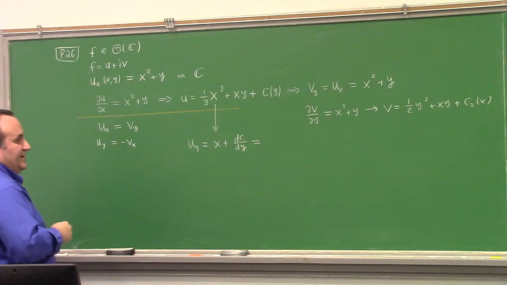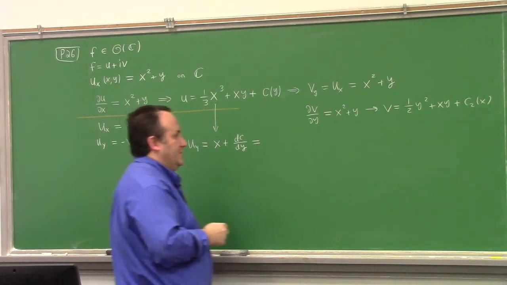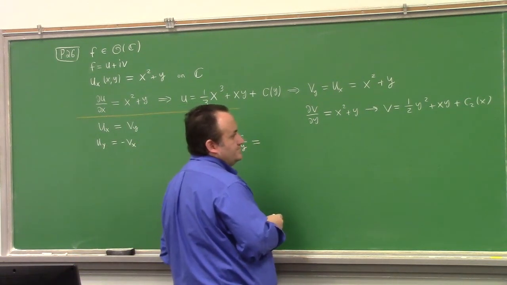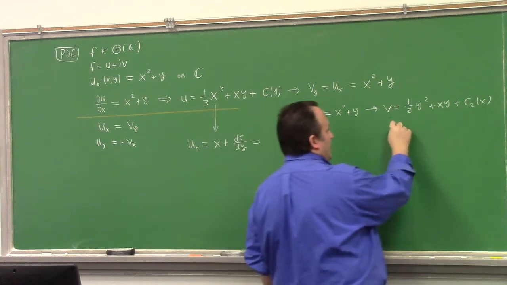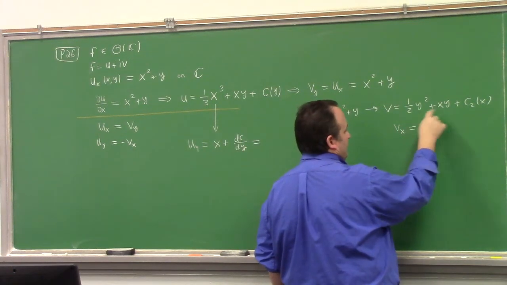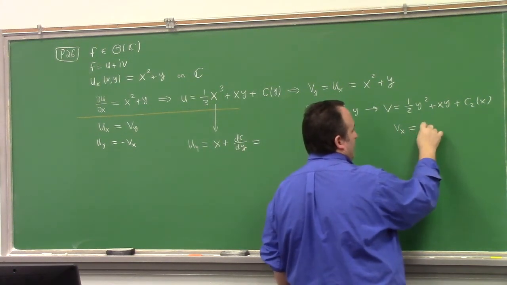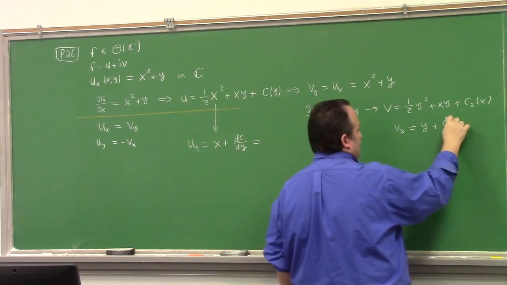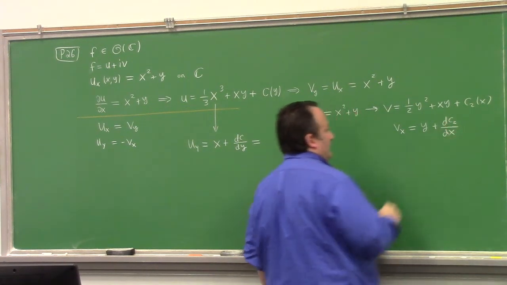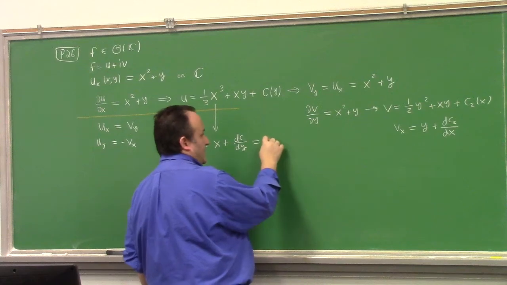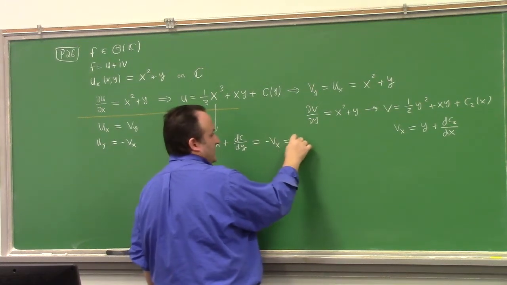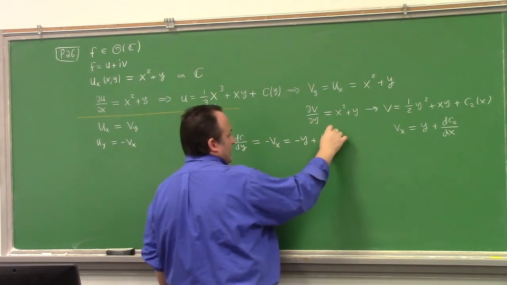So I guess first of all, I'll just write down vx. vx would be y plus dc2/dx, right? So minus vx is equal to minus y plus dc2/dx.